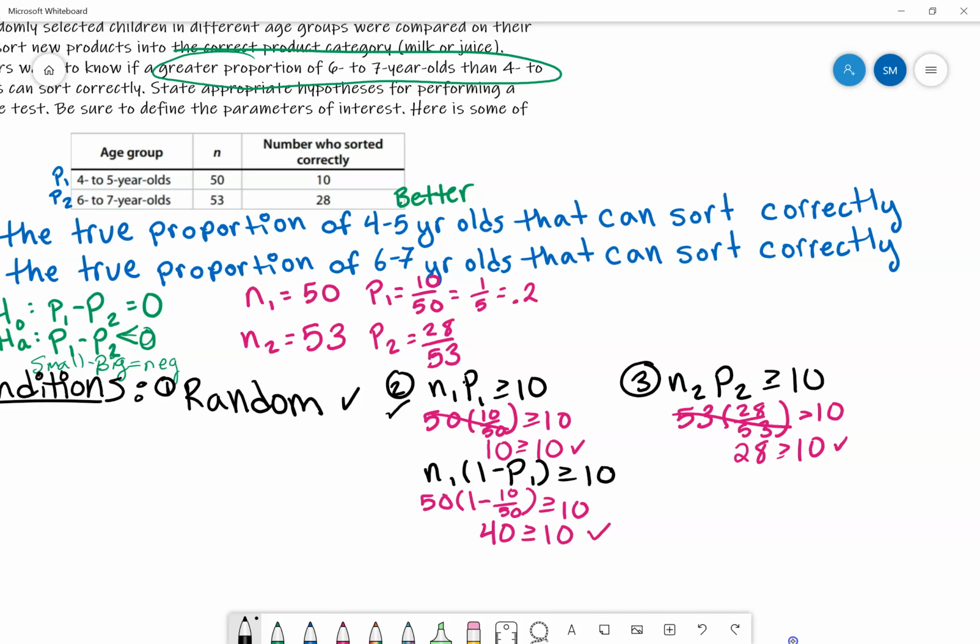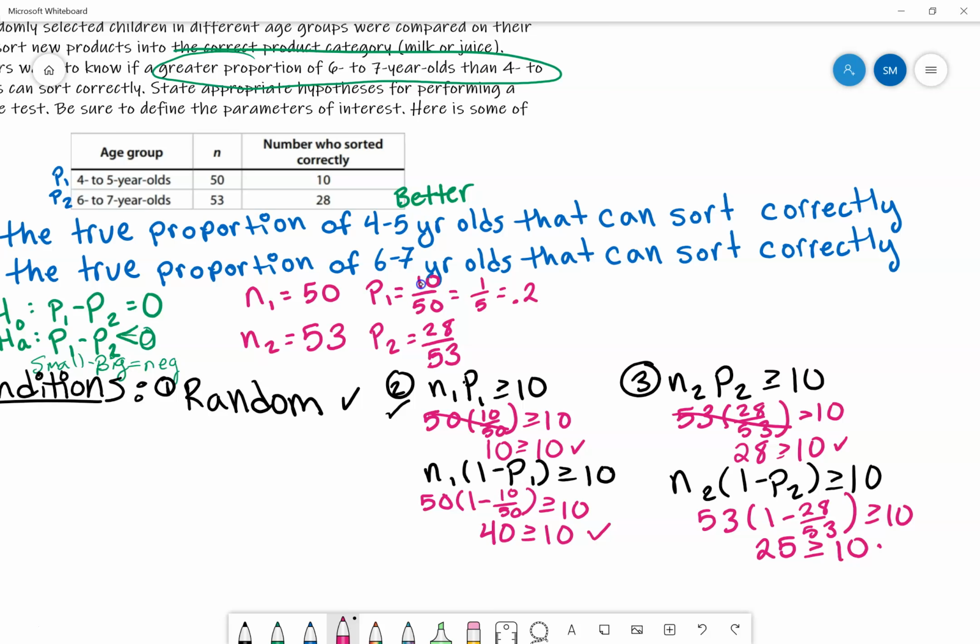And check the last one, n sub 2 times 1 minus p sub 2 greater than or equal to 10. So we're going to have 53 times 1 minus 28 over 53 greater than or equal to 10, and you get 25.